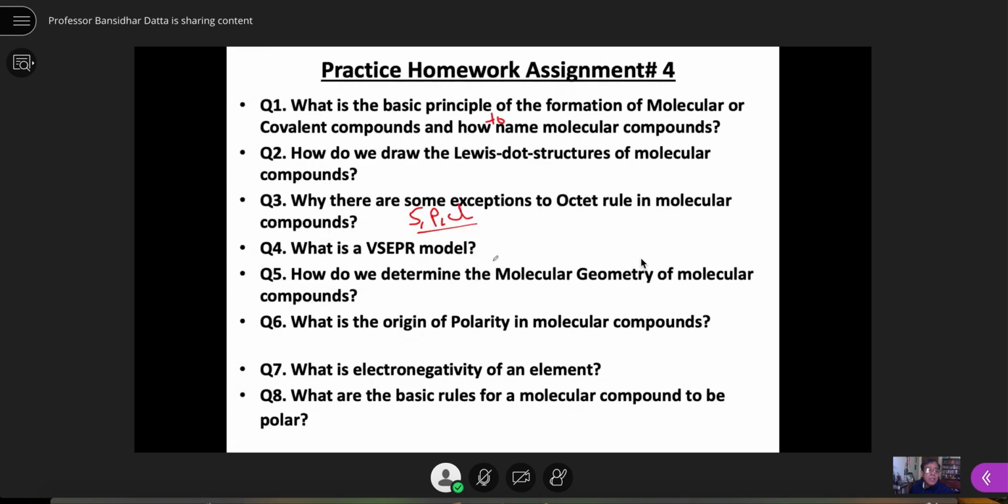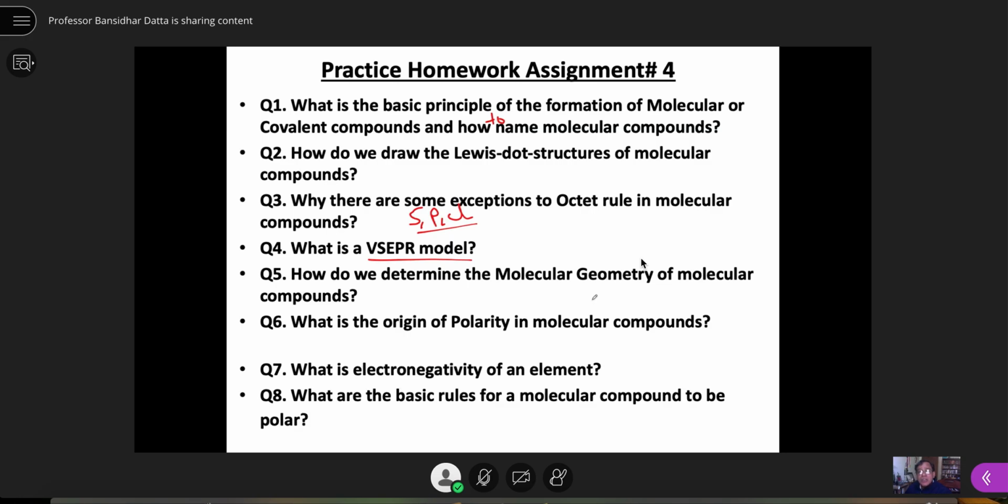So remember that. How do we determine the molecular geometry of the molecular compound? We already talked about the special application of the VSEPR model. What is the origin of polarity of the molecular compounds? Electronegativity difference. What is electronegativity? It's the attraction of the electrons within a bond. When you have molecular compounds A and B sharing a pair of electrons, depending upon the electronegativity of the individual atoms, someone will share more or less.